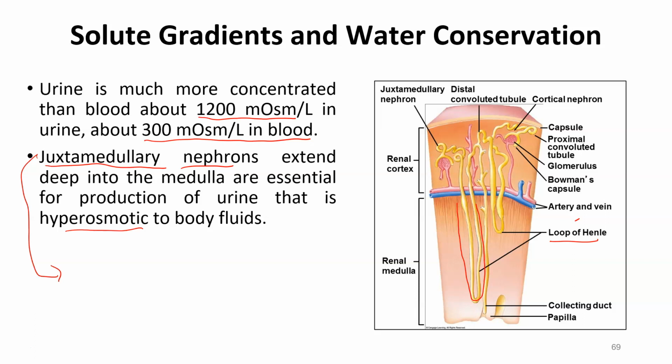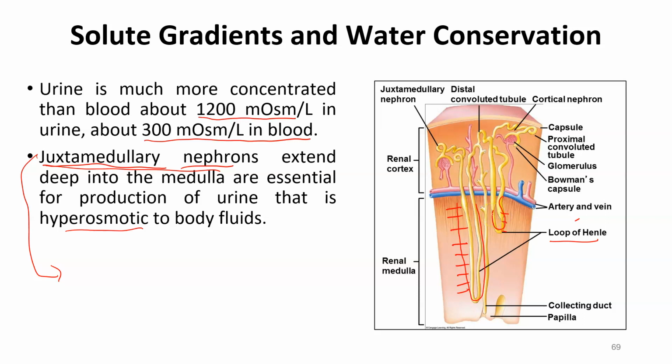When they live in a hot place, they want to conserve water in the body. The animal wants to conserve water in the body, so they will have plenty of juxtamedullary nephrons. So reabsorption of water will occur in large amounts, compared to if the animal has only cortical nephrons. Cortical nephrons have a very short loop of Henle, so not much water will be reabsorbed.